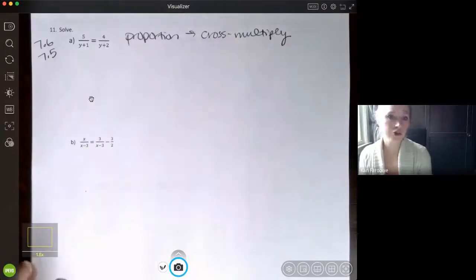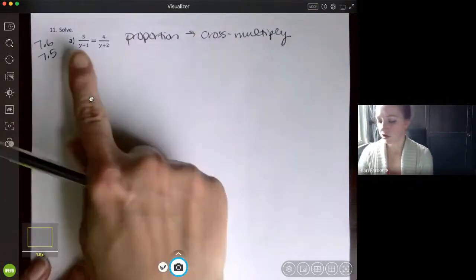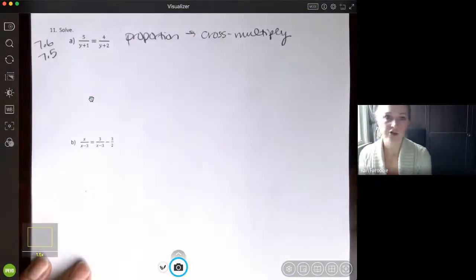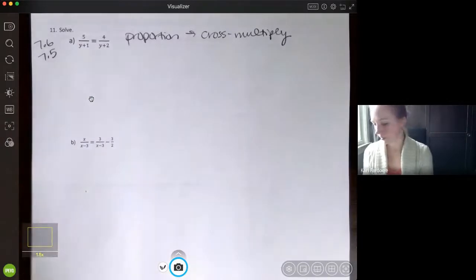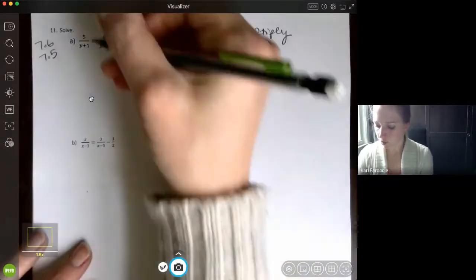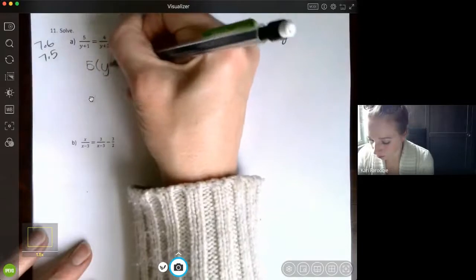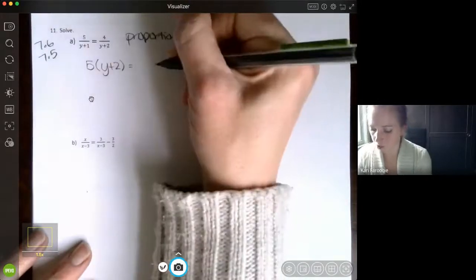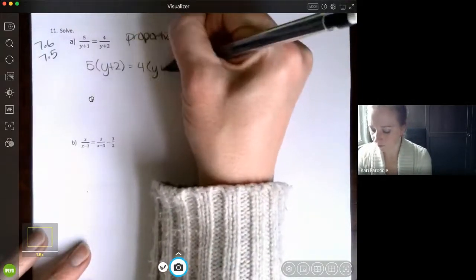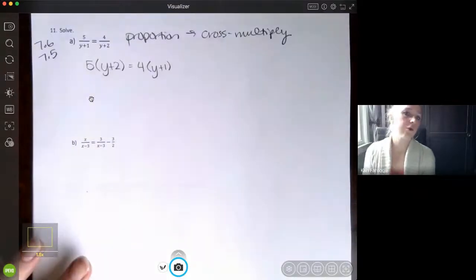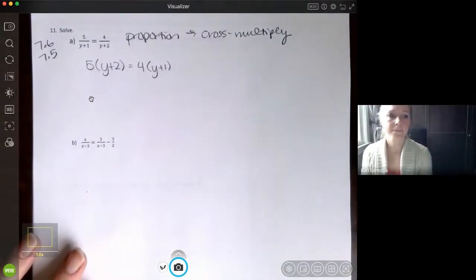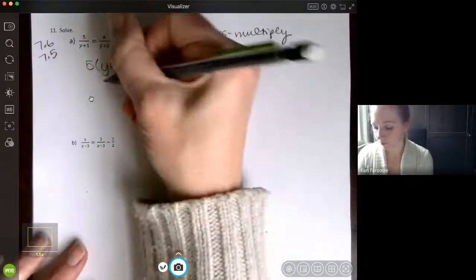So this is a special case where for a proportion, you just have one term on each side of the equal sign. So go ahead and cross multiply. You'll have, don't forget your parentheses, 5 times the quantity y plus 2 and 4 times the quantity y plus 1. And then you're just going to distribute and solve.